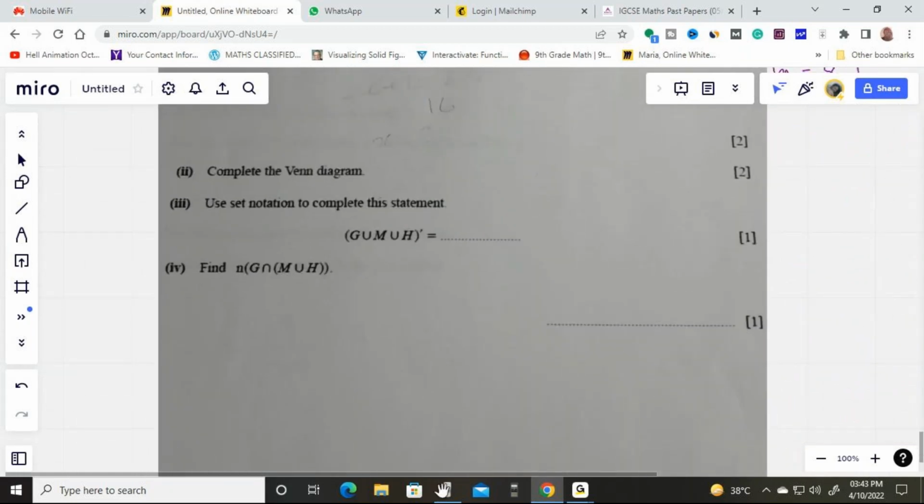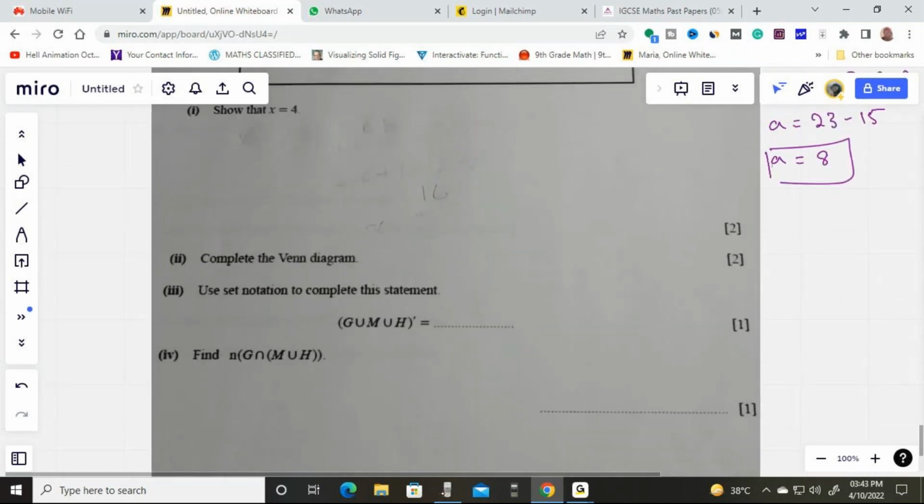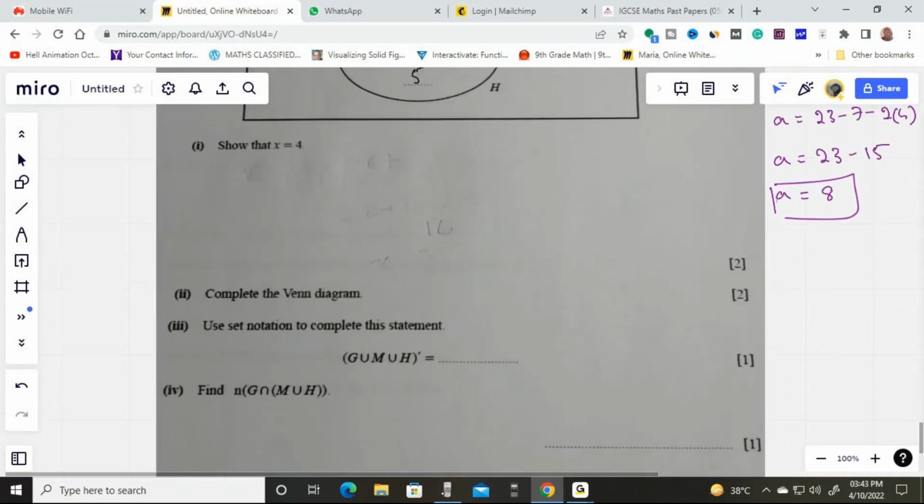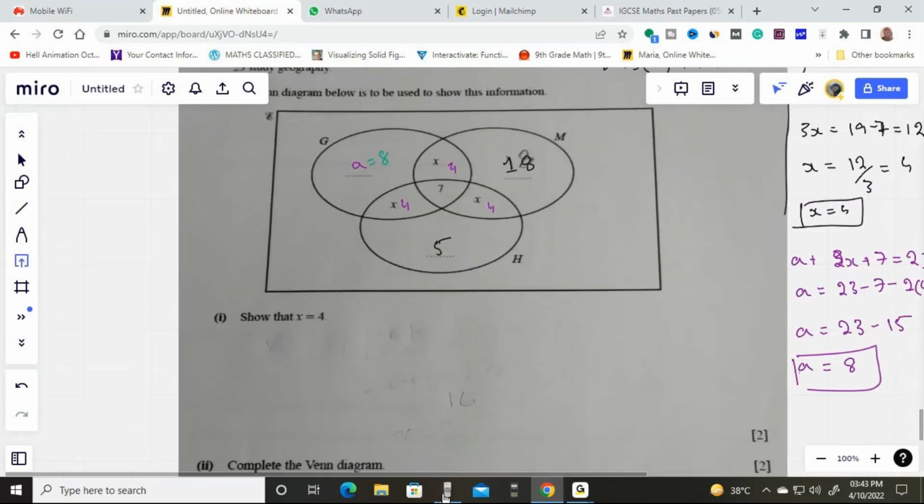In part 3, they say to use set notation to complete the statement. So G union M union H whole complement. First of all, it's simply a common sense question. Can you see any number written in the remaining region of this Venn diagram? No. It means none of the elements are present in this remaining section.